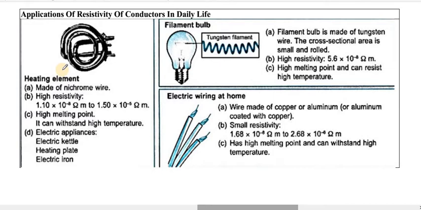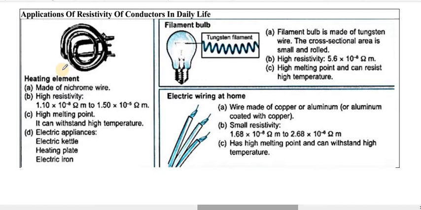So why is it that it can produce heat? The main reason is because it has higher resistance. When the substance has higher resistance, that means the charge that wants to pass through that substance will need to do more work to overcome the resistance.